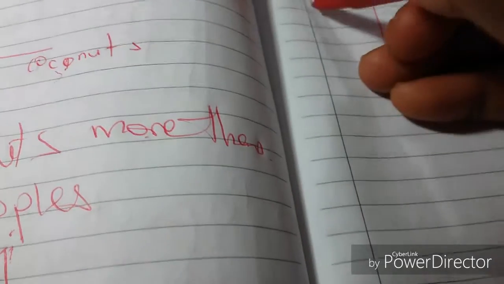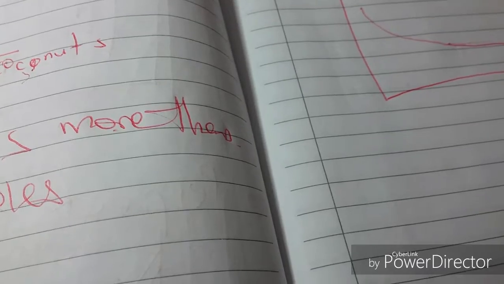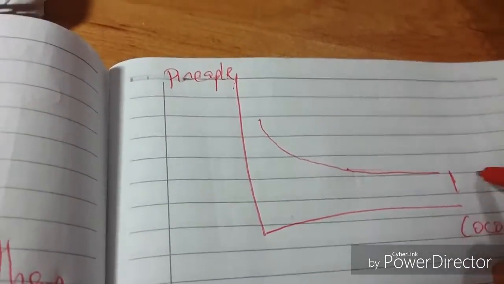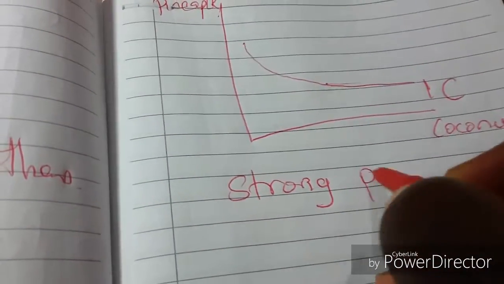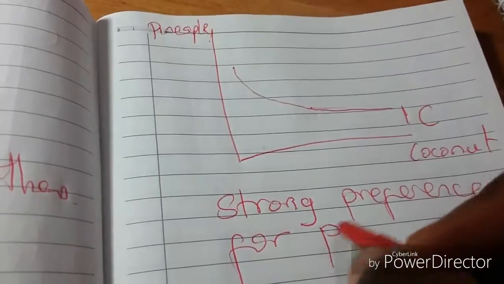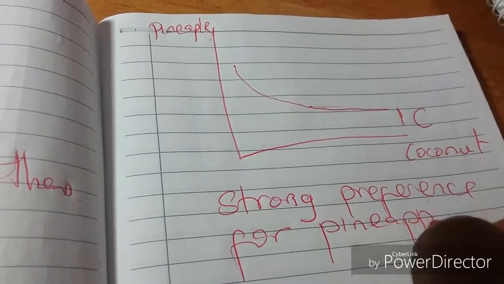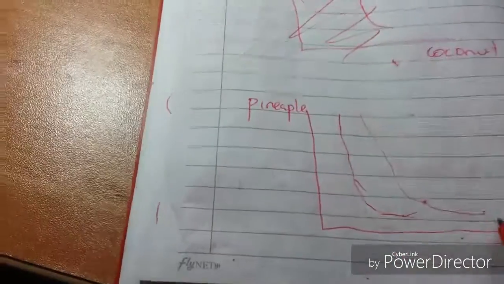The indifference curve is this shape. When you have strong preferences for coconuts, the indifference curve is slanted like this, but from this side, it's slanted like this.